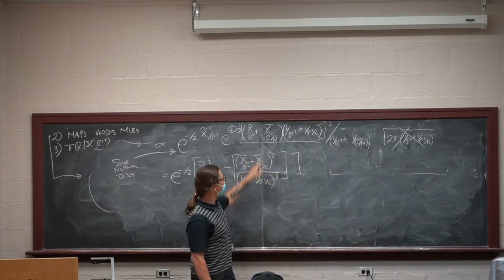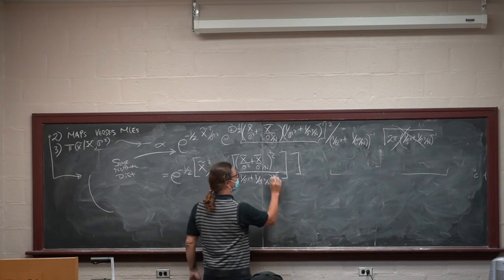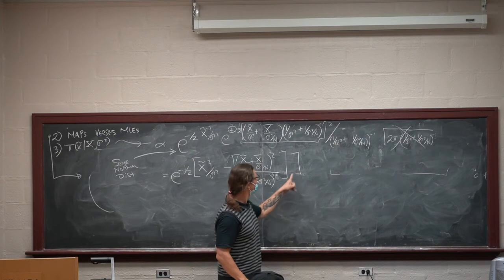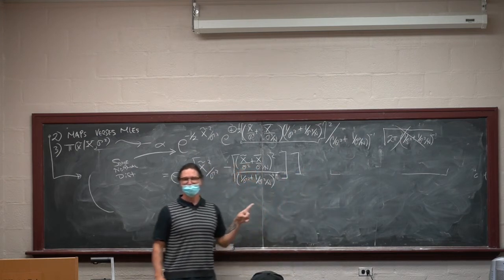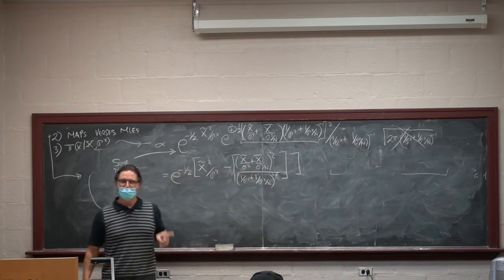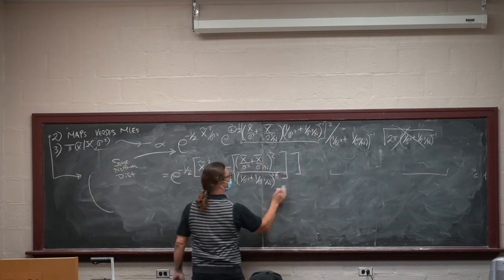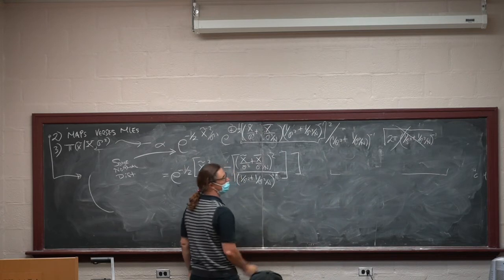So I'm dividing. So I made this one plus 2. And then I've got this one, which is a minus 1. So we're off by a negative sign. So this right here was squared, and then I have this other one that I need to bring in.